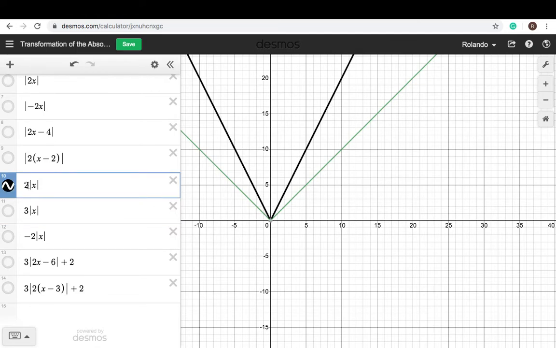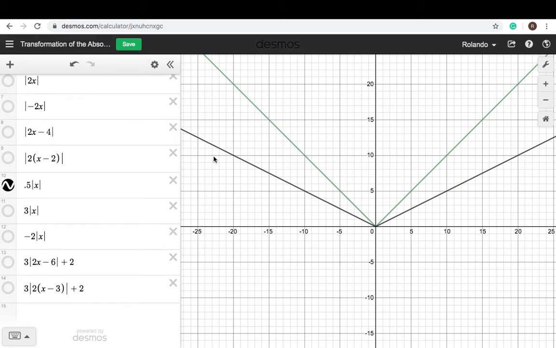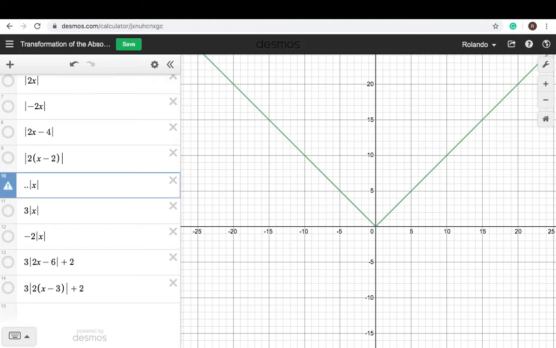Notice that if I make this, let's say 0.5, the graph is flatter. If I continue making it smaller to 0.2, the graph is still even flatter. 0.1, 0.01, and it's almost a horizontal line.